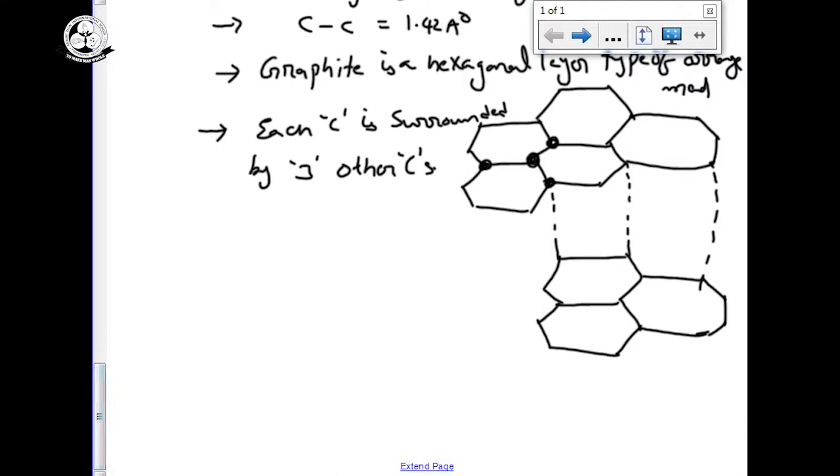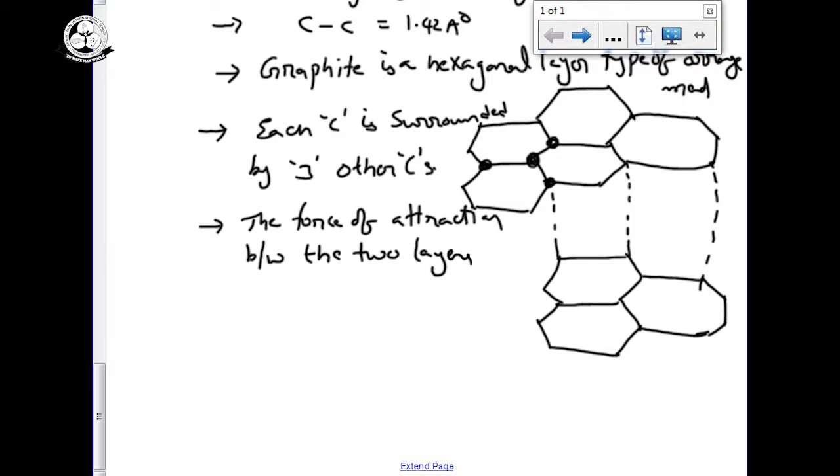This is a giant molecule, and between layers I represented a dotted line. The force of attraction between the two layers is the weak van der Waals force of attraction.